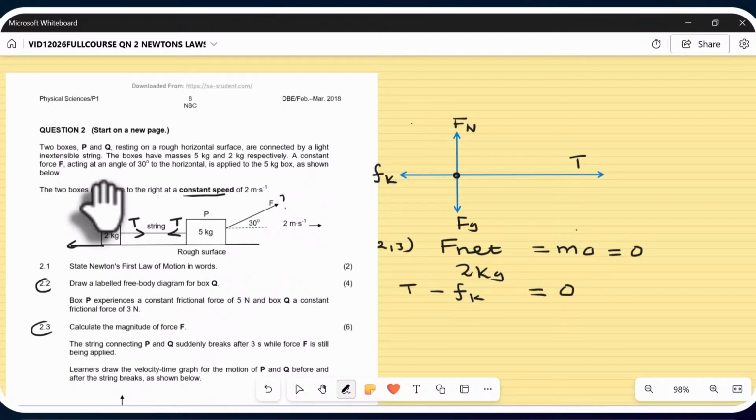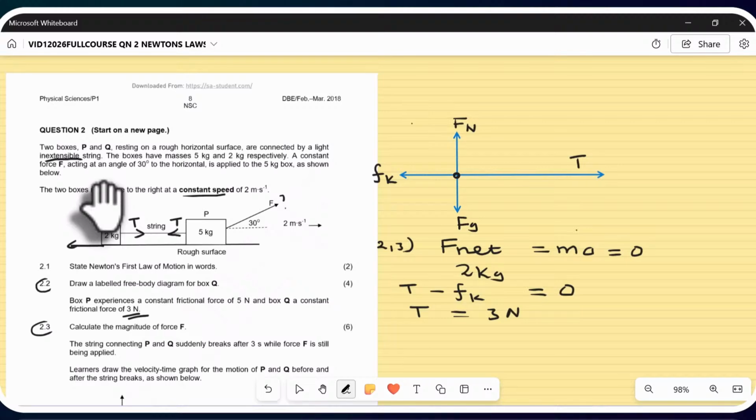F net equals MA gives me Fx minus T minus frictional force equals 0 because of the constant speed.